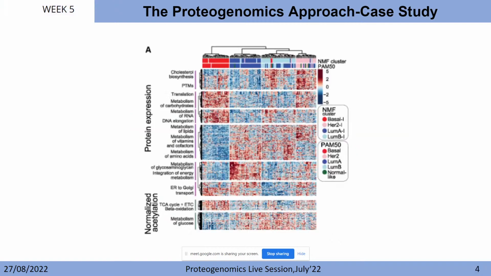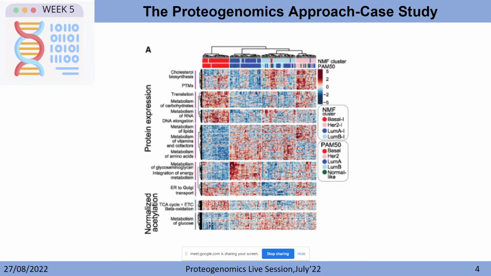Another thing is that you can see that on the basis of the PTMs, their protein expression and the acetylation, again these clusters and what are the relative expression values. So you can see that some of the samples can behave differently, like some portion of the luminal B1 can behave like luminal A1, and hence there are patches where there is an overlapping.